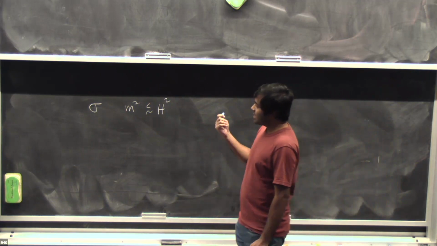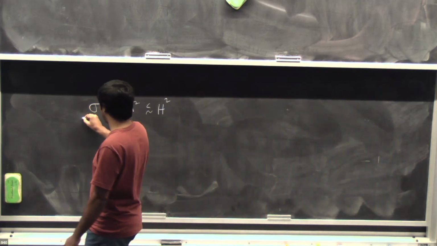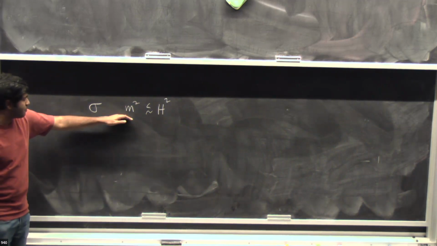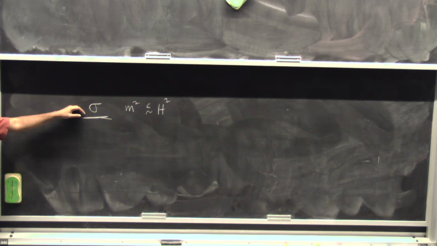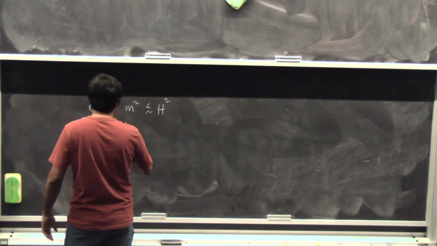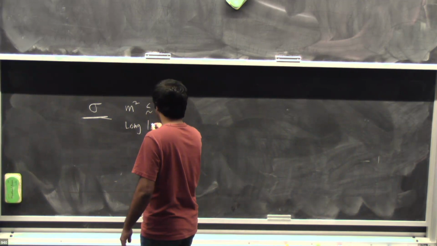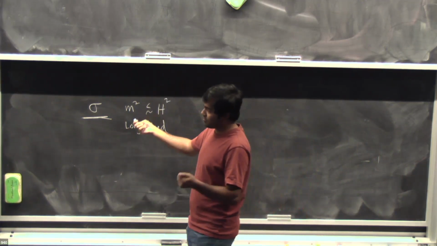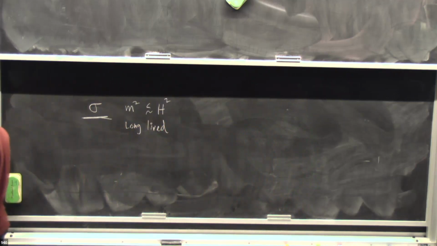And I will show that if you have such a scenario where you have another scalar field during inflation with this type of mass, and if this survives after inflation for some time, so it's somewhat long-lived, then without playing these games with the inflaton potential, you can have scenarios where the density perturbations can naturally get enhanced at small scales, at large values of k, and then we'll discuss what sort of signatures they would give rise to. Okay, so this would be our main ingredient.